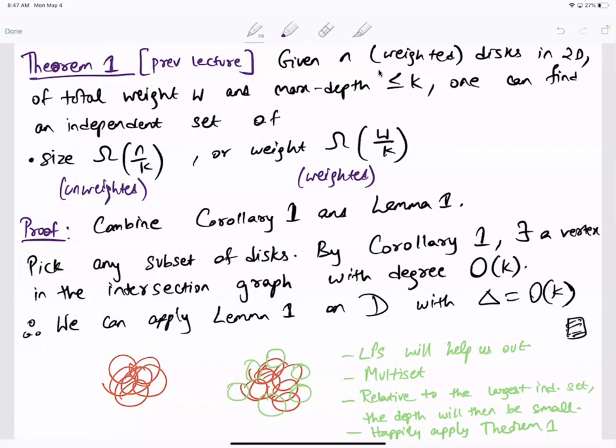It's the green ones that should really stand out, and LPs exactly help us do that. They'll assign very small weights to the red disks but large weights to the green disks. If we are careful about the weights and our rounding algorithm takes care of those weights, then we'll create a multi-set where the green disks prominently show up and the red ones won't. On that new data set, when we apply theorem 1, we'll be in good shape.